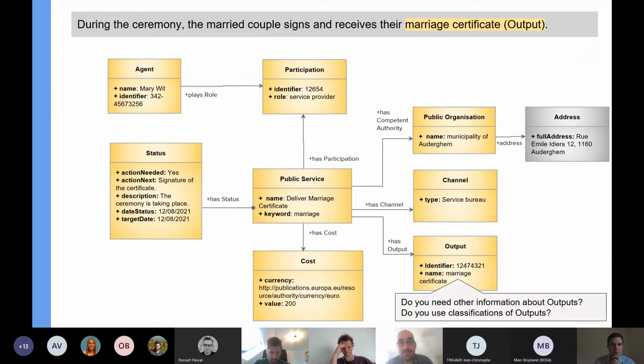So if I understand correctly, in the definition of output, we should be able to capture not only, of course, documents, but any data records. Maybe that's a question. I don't know.